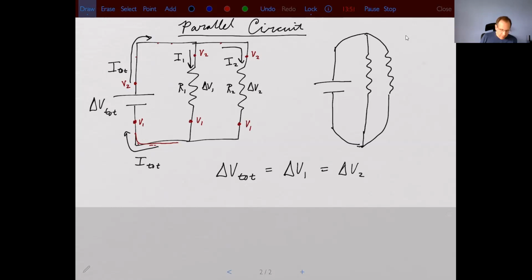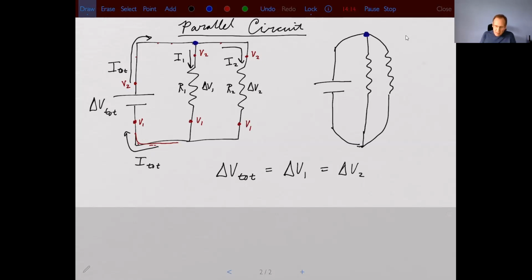The other thing that is important for a parallel circuit is if we look at one of these nodes, I'll do it in blue here. A node is where the wires meet. So think of this as a node right here, which would correspond to this node right here.